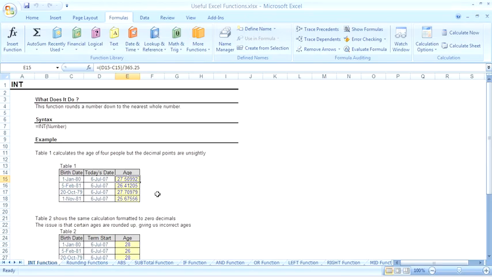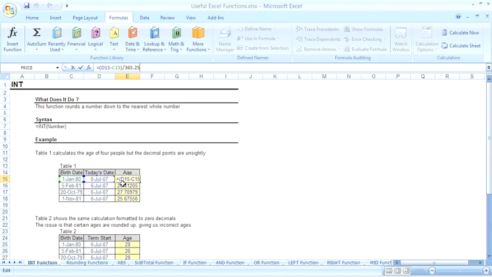So I've put a simple formula in here, and if you look at the formula bar, you'll see what it is. It's D15 minus C15, which is these two cells, and then I'm taking that number and dividing it by 365.25.